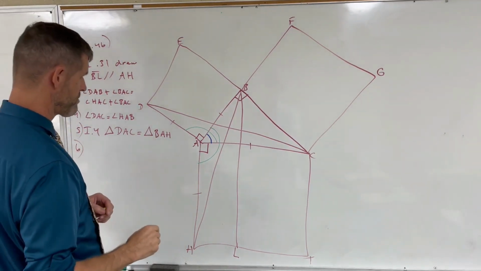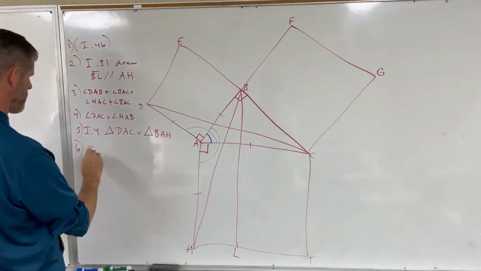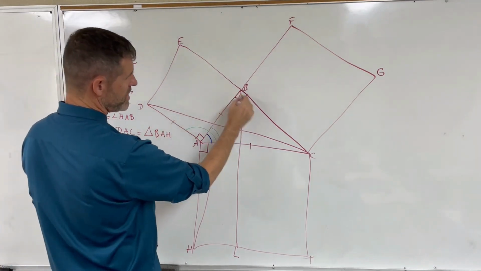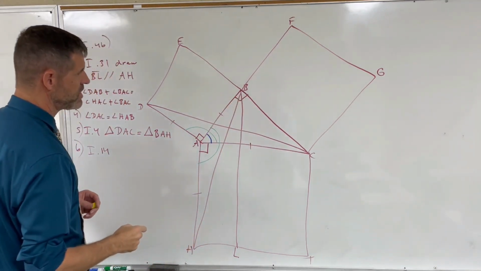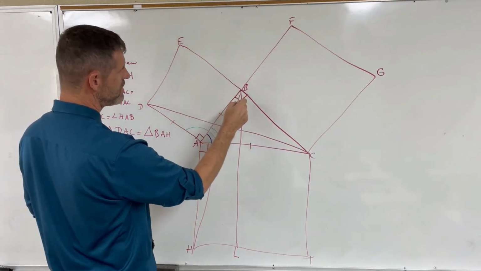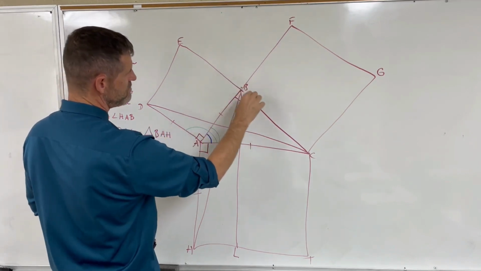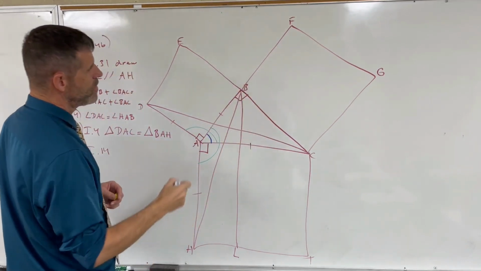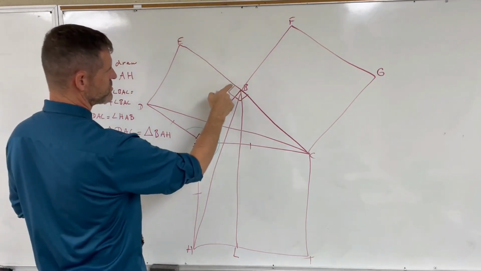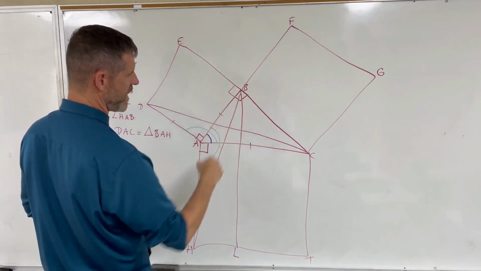Now, one other thing before we get to Proposition 41 of Book 1: we need to get EB in a straight line with BC. So he uses Proposition 14 for that. We have a straight line AB, and on either side of point B we have straight lines EB and BC, which make the adjacent angles equal to two right angles, because this is a right angle, the corner of a square, and this is the right angle of our given right triangle.